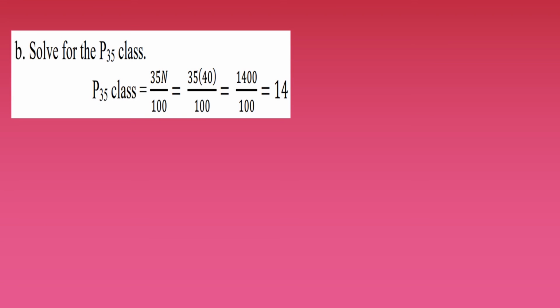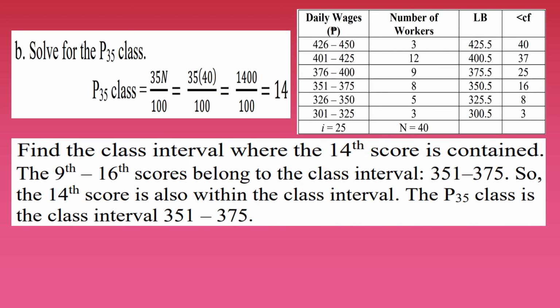Next is to solve for the P sub 35 class. P sub 35 class is equal to 35 times n divided by 100, equals 35 times 40, is equal to 1,400, and divided by 100 is equal to 14. Find the class interval where the 14th score is contained.